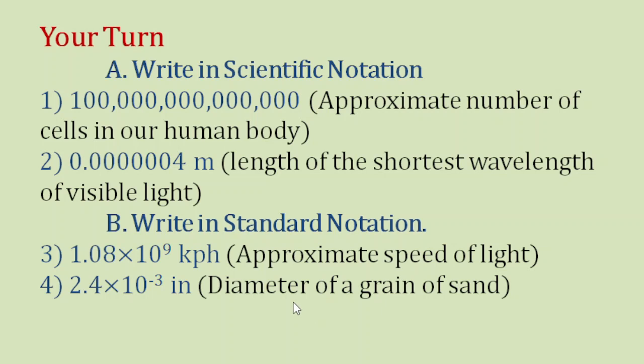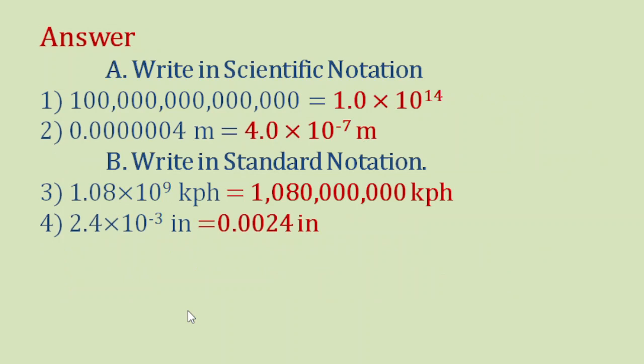If you are done, I can now show you the answer. So for number 1, the answer is 1.0 times 10 to the power of 14, or you may remove this 0.0. Number 2 is 4.0 times 10 to the power of negative 7, or again you can remove this 0 here.